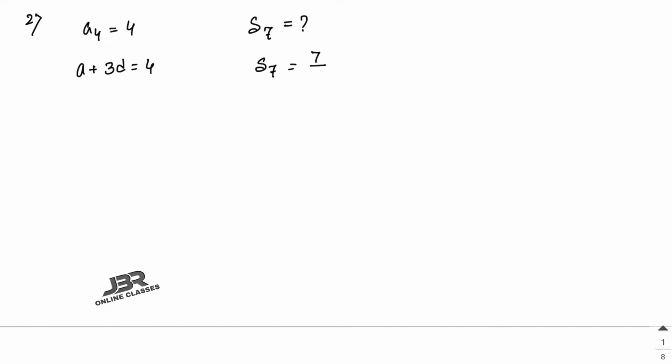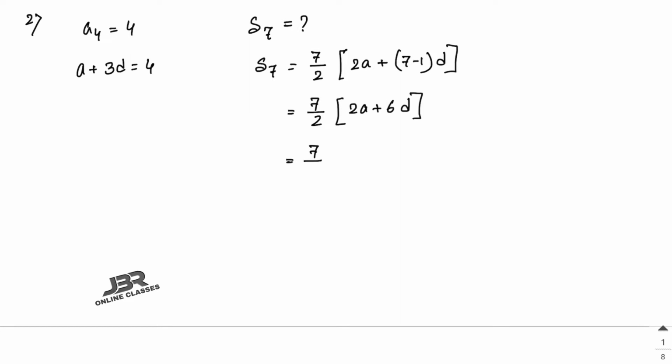Formula of S7 equals 7 by 2, then (2A plus (7 minus 1) into D). So 7 by 2, and then 2A plus 6D. Now if you take 2 common, it will be A plus 3D. As A plus 3D equals 4, write 7 into 4, and that equals 28. That is your answer.